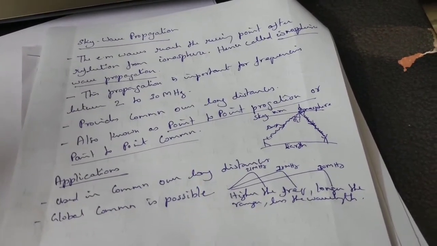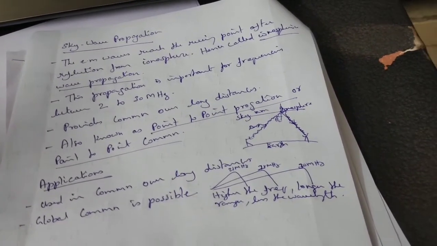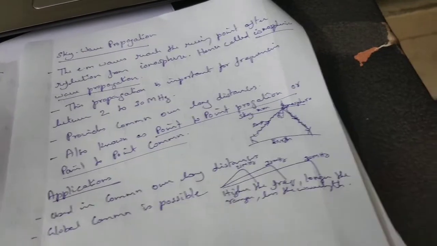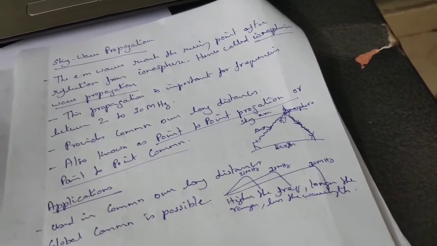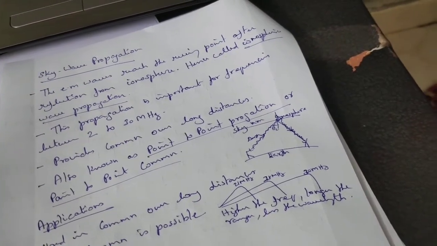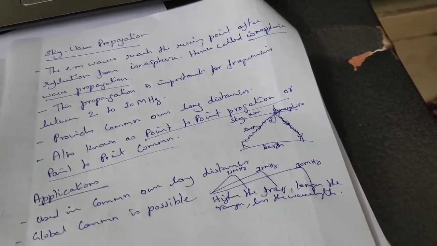This propagation is important for frequencies between 2 to 30 MHz. We said ground wave exists till 2 MHz, and now from 2 to 30 MHz we have skywave propagation. It provides communication over long distances.